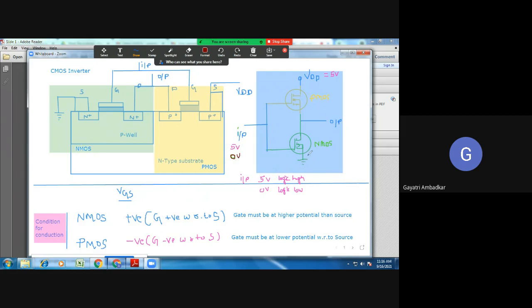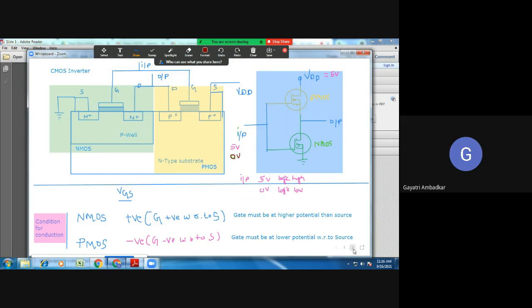So will NMOS turn on? No. What about PMOS? Gate must be at lower potential. Gate is 0 and source is 5 volt, so gate is at lower potential as compared to source. PMOS will turn on and conduct.